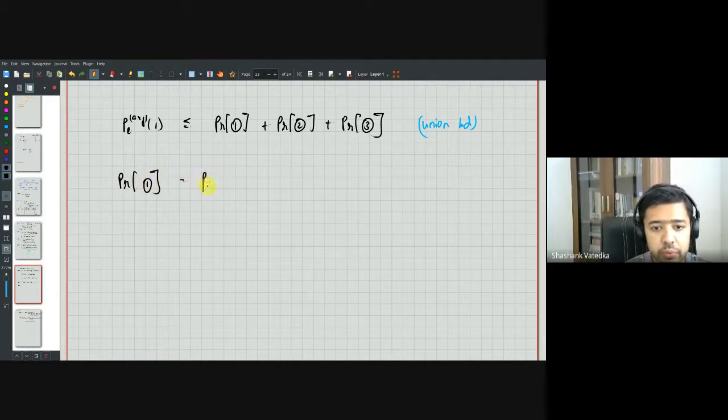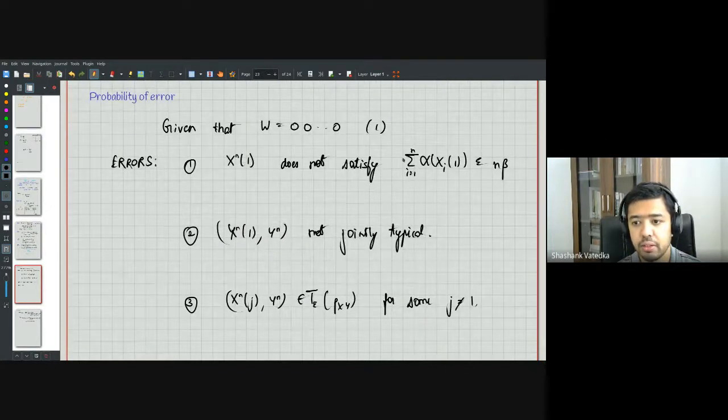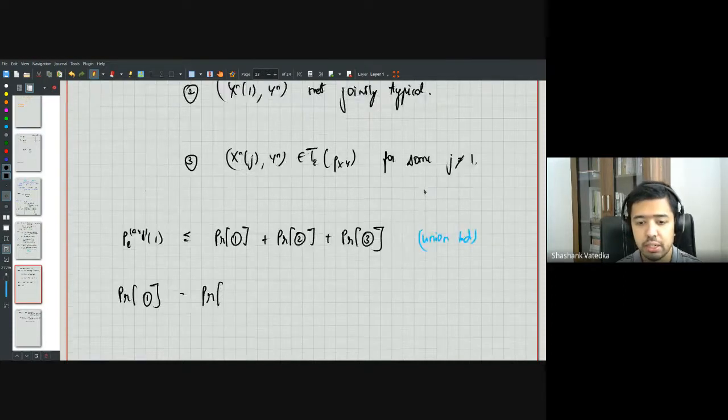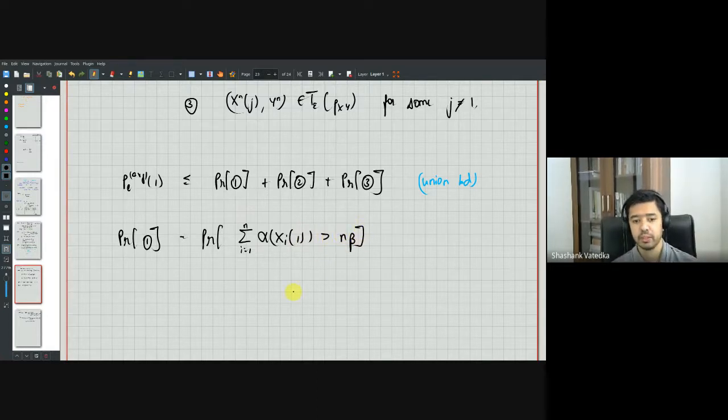This is the probability that the summation over i equal to 1 to n of alpha of xi of 1 is greater than n times beta. So how will we bound this?